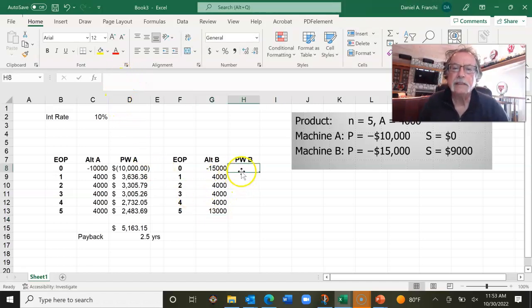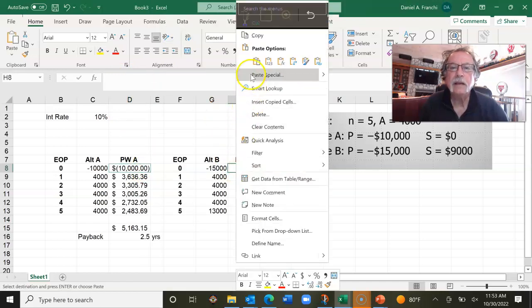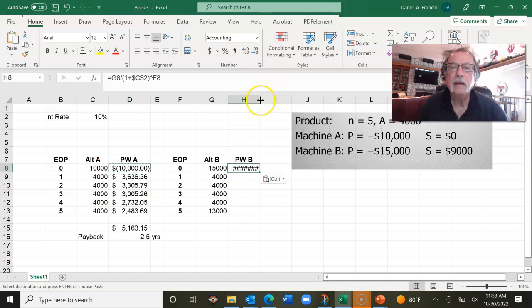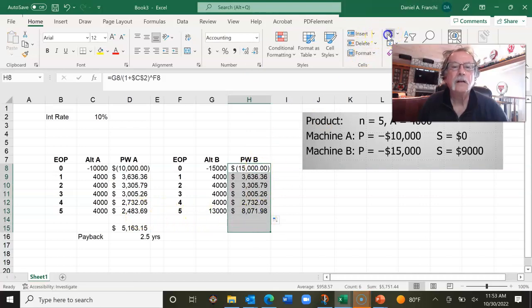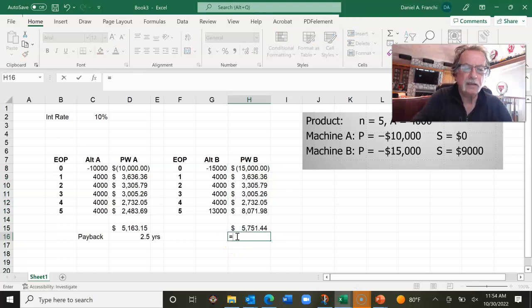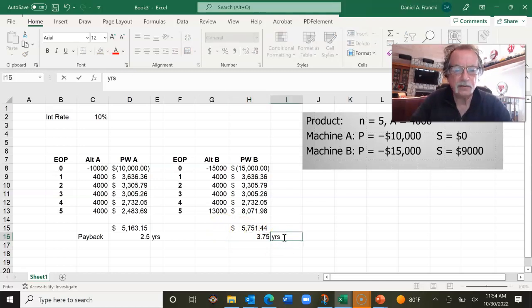Okay, so present worth of B, these numbers look strangely similar, is a little bit higher. Now the payback is going to be 15,000 and you're getting 4,000 a year. So the payback period is 3.75 years.